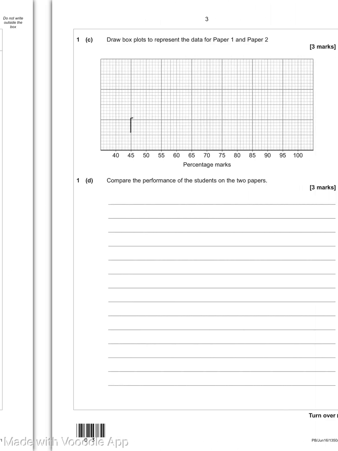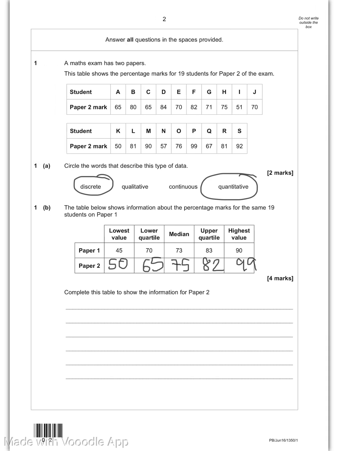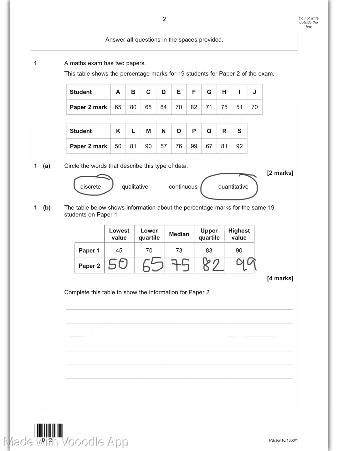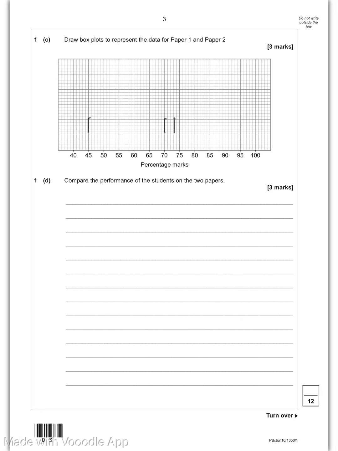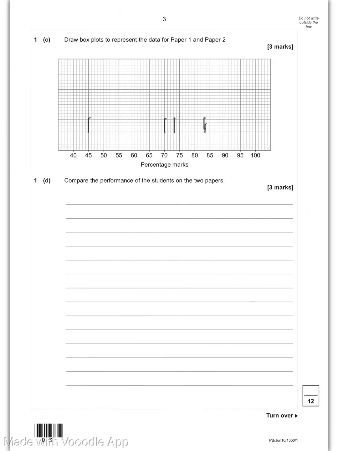So 45, 70, 73, 83, well, you should really use a ruler for this, and 90. Okay, so that's my 5 key values lines drawn.